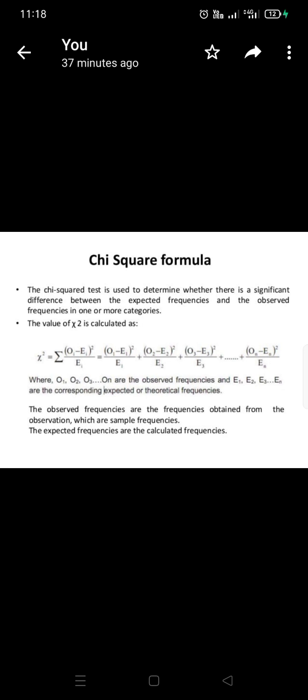The chi-square test is used to determine whether there is a significant difference between the expected frequency and the observed frequency. The value of chi-square is calculated as the sum of observed minus expected squared over expected, where the observed frequencies are the frequencies obtained from the observations, which are the sample frequencies, and the expected frequencies are calculated theoretically.